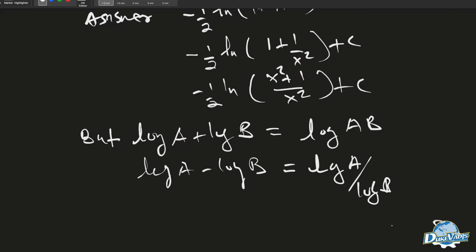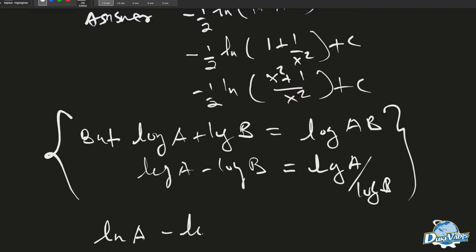In the same way, these properties also apply to natural logs. So natural log of a minus natural log of b gives us the natural log of a over b.